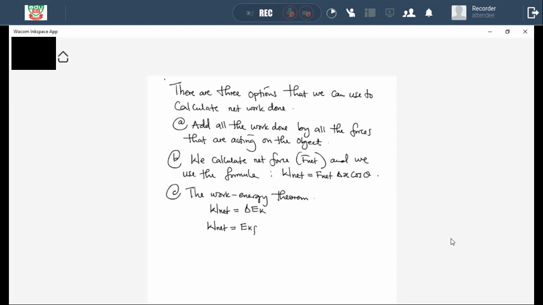It's equal to final kinetic energy minus initial kinetic energy. Just trying to continue to expand the formula out of interest. How do we calculate final kinetic energy? Half m v squared final minus half m v squared initial. That will be our change in kinetic energy, which is equivalent to net work done.